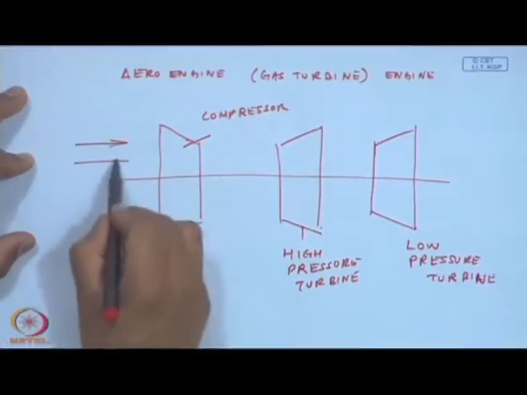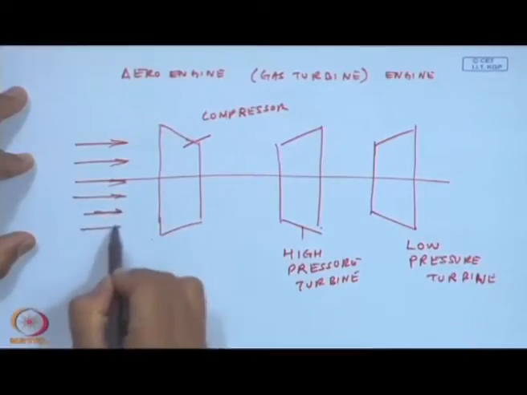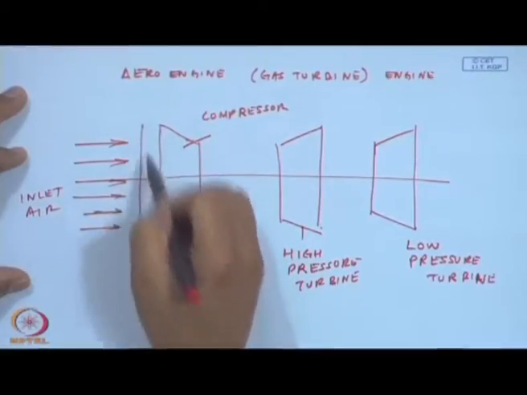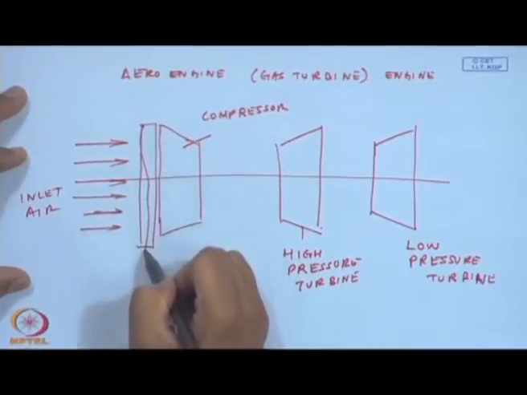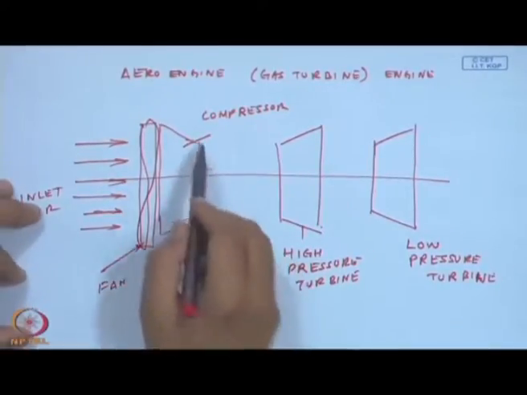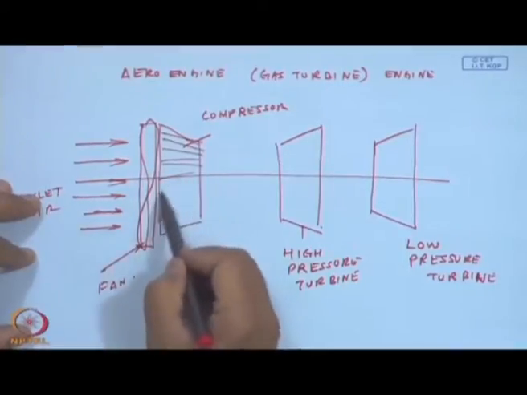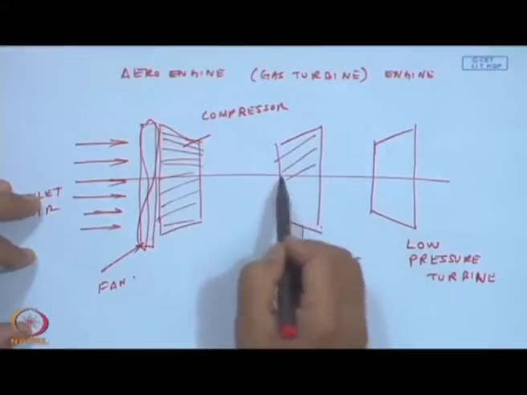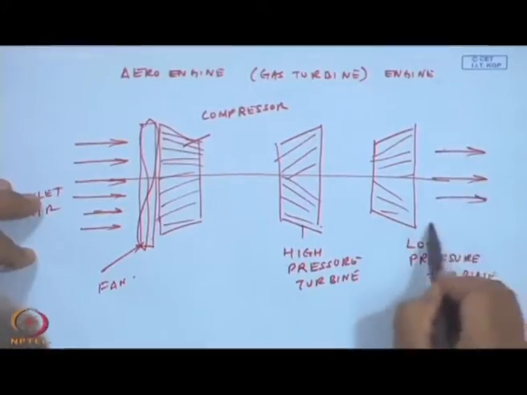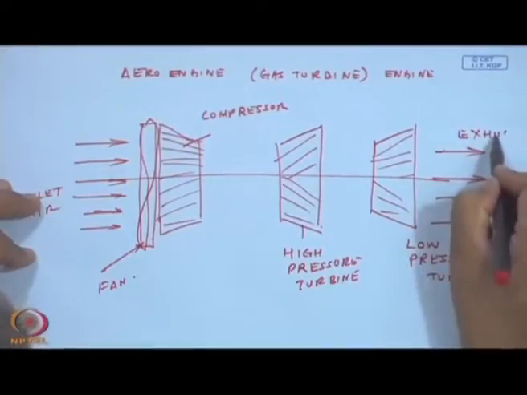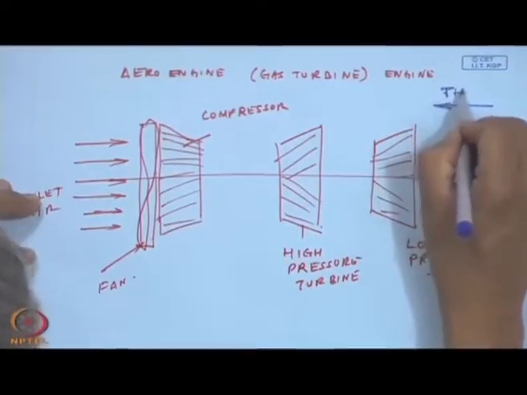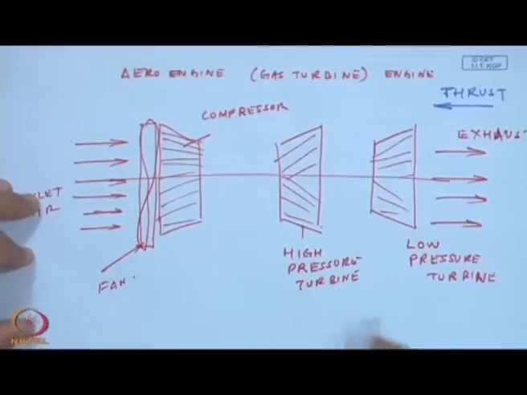We have the inlet air coming in, and maybe some sort of a fan could be here. In these compressors there is a set of vanes, and the same is true in the case of turbines. And then we have the exhaust, which essentially gives the thrust to the engine for propulsion.